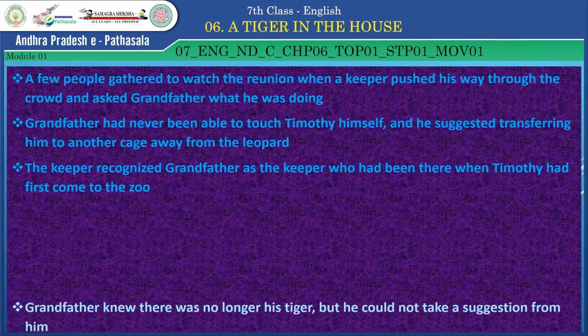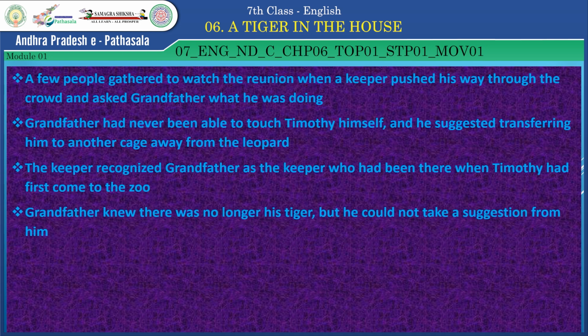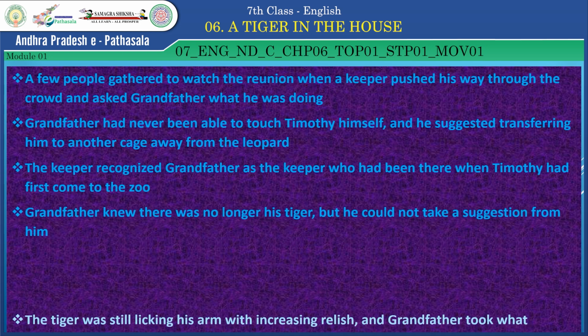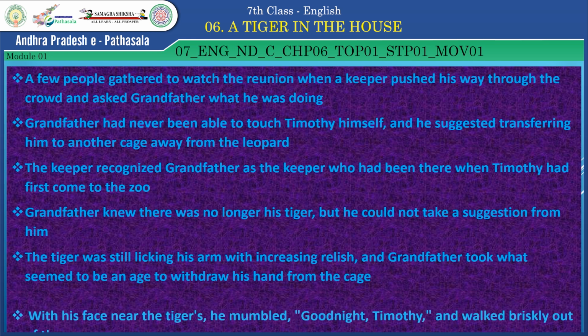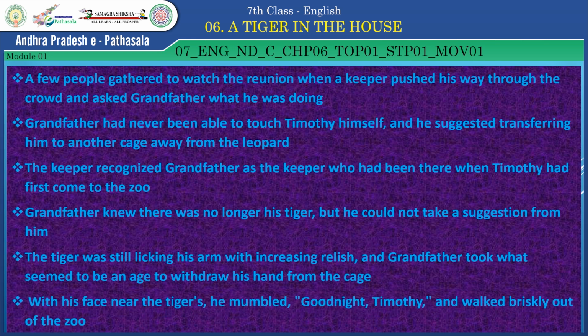Grandfather knew he was no longer his tiger, but he could not take a suggestion from him. The tiger was still licking his arm with increasing relish, and grandfather took what seemed to be an opportunity to withdraw his hand from the cage. With his face near the tiger's, he mumbled, "Good night, Timothy," and walked briskly out of the zoo.